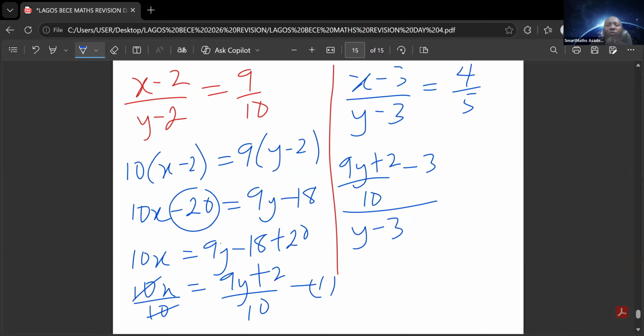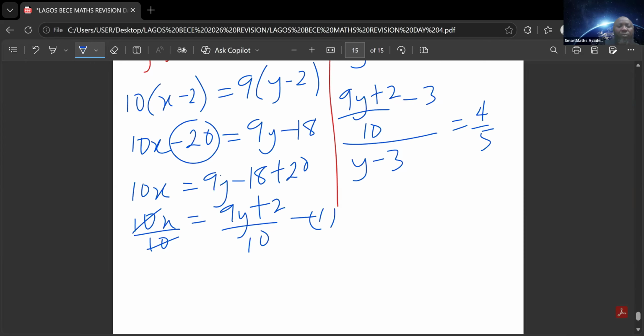So we are going to deal with the numerator first. Let me do the numerator here: (9y + 2)/10 − 3/1. We find the LCM, which is 10 here. So that is 9y + 2 − 30.